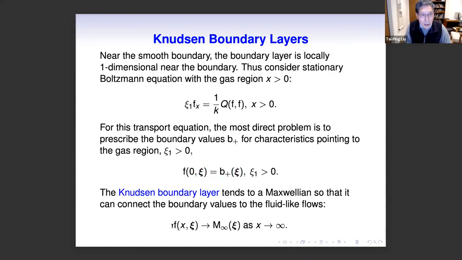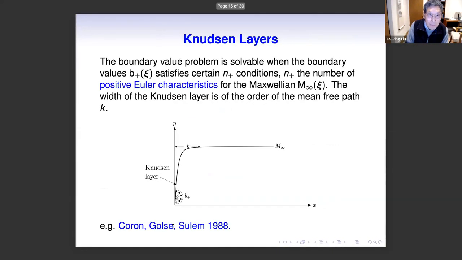One would like the Knudsen layer to serve its purpose, that it is only significant near the boundary. So it should go quickly to a Maxwellian, M minus M infinity. This is the typical picture of this Knudsen layer.